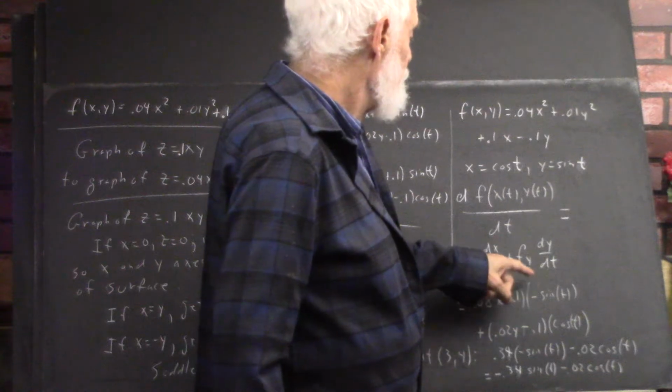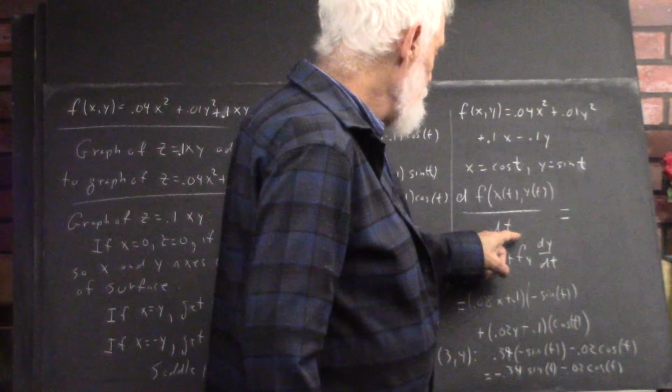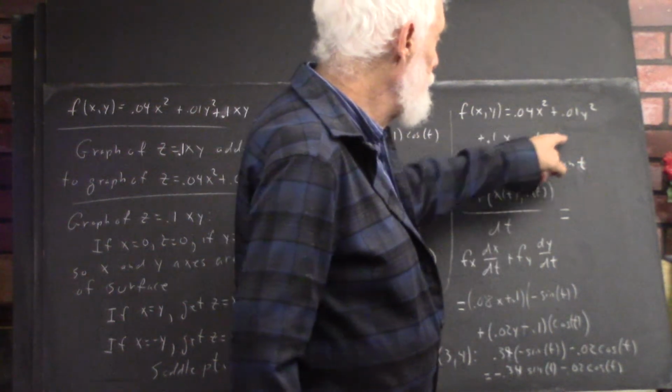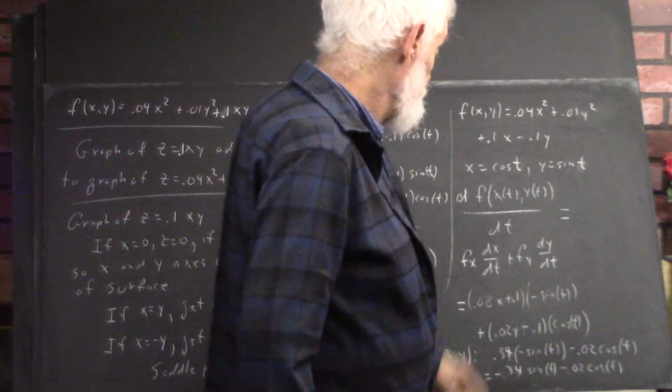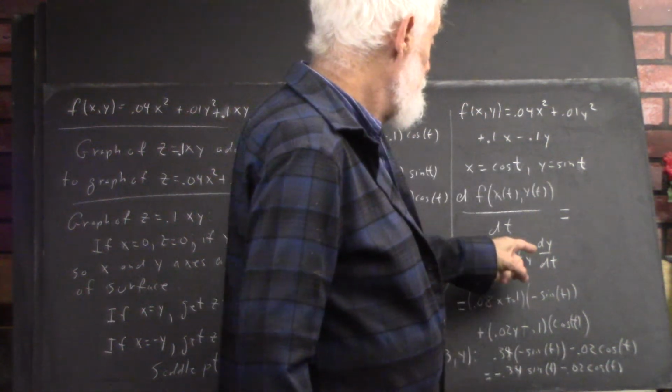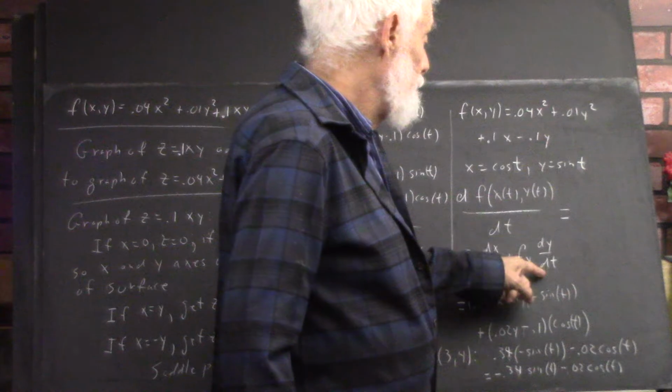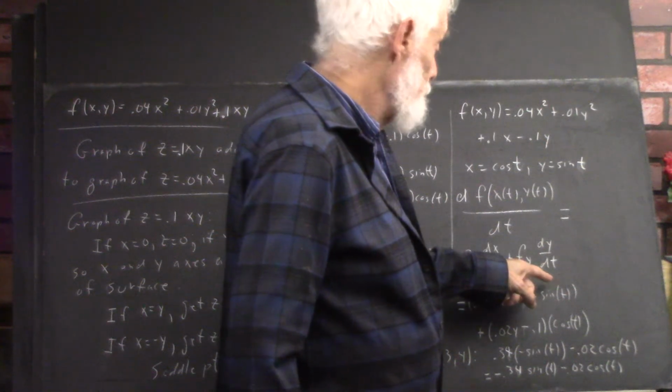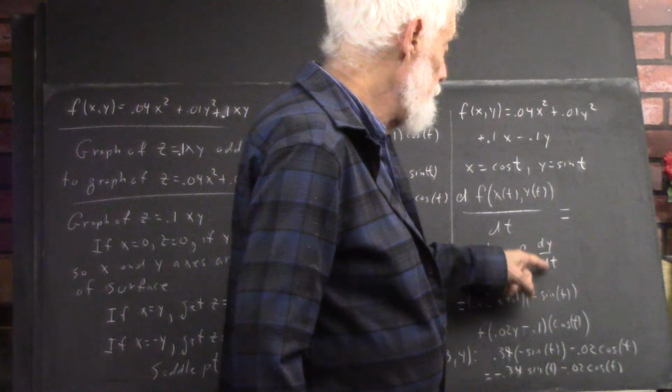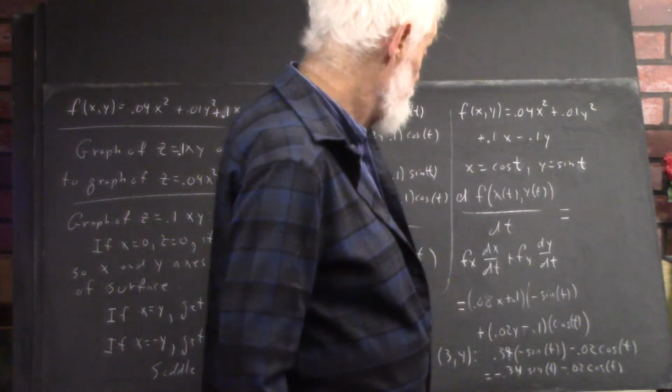And similarly, we have fy, which is the rate at which y changes the value of f, and then the dy dt, which is the rate at which a change in t changes the value of y.